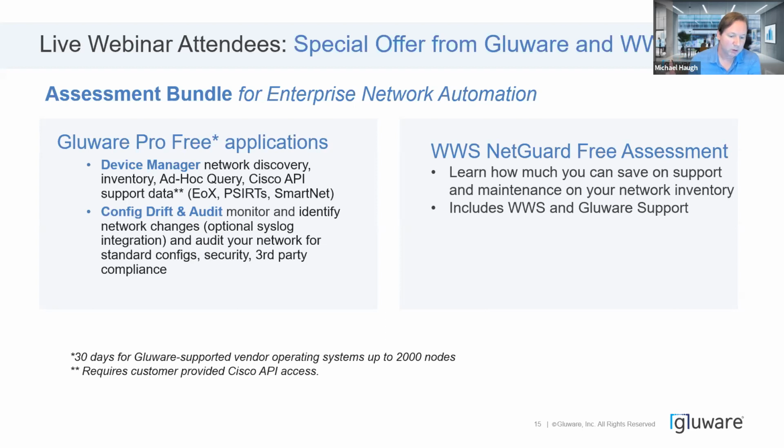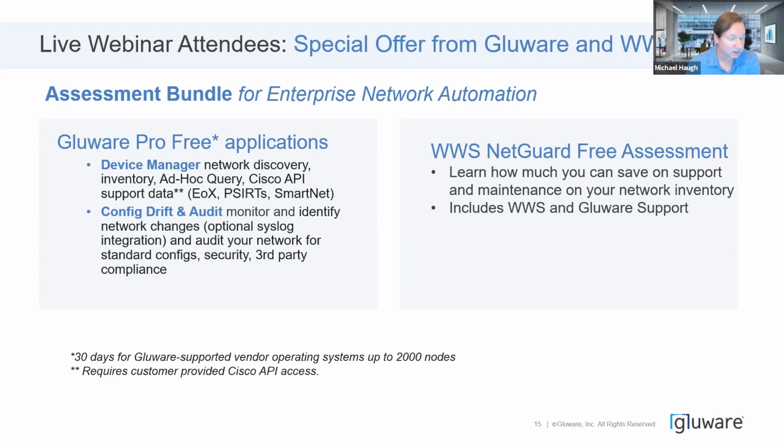And then we leverage the gateway on site to do the local communications, the SSH, into your devices. And you have 2 applications out of the gate that are going to give you a lot of insight. Device Manager, which I just showed you, which is around network discovery, inventory, ad hoc query, running the Cisco API to gather your support data.